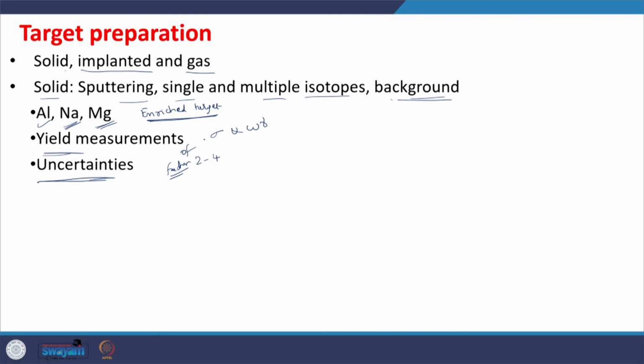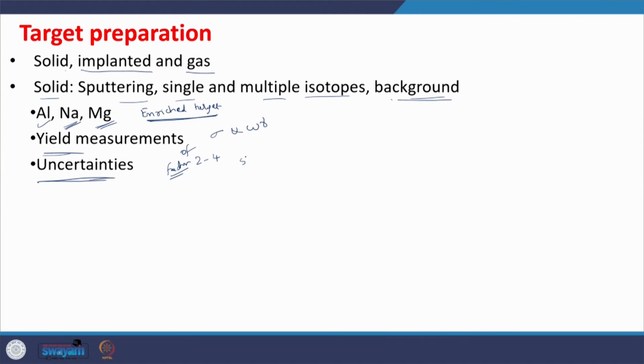The differences in the cross section values reported by different research groups are mainly attributed to the stoichiometry of the target composition. So, stoichiometry of the target is one of the major challenges in reproducing the cross section value of a nuclear reaction.